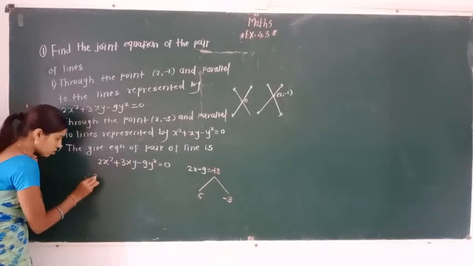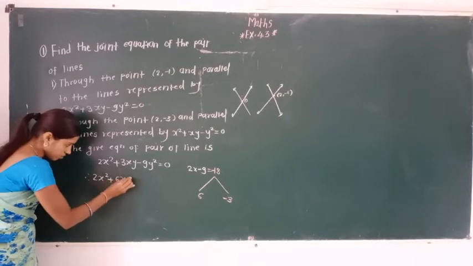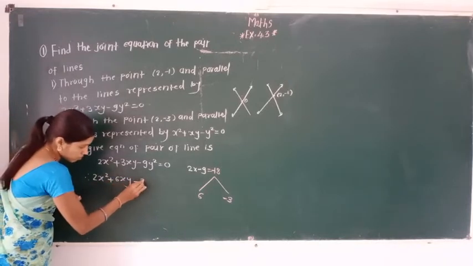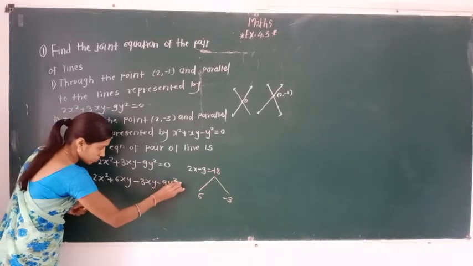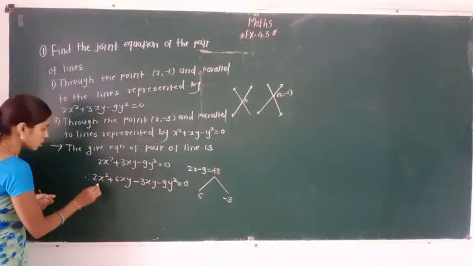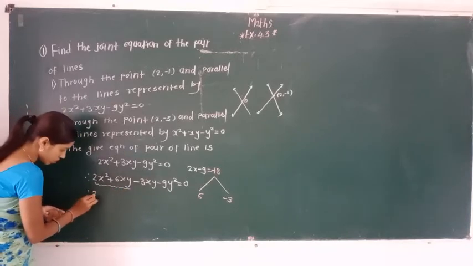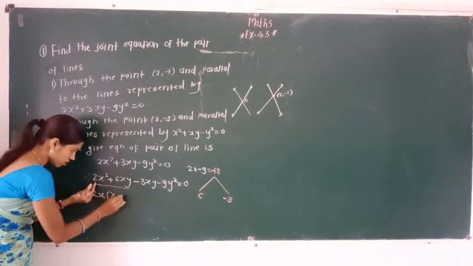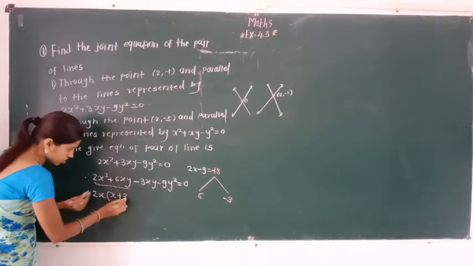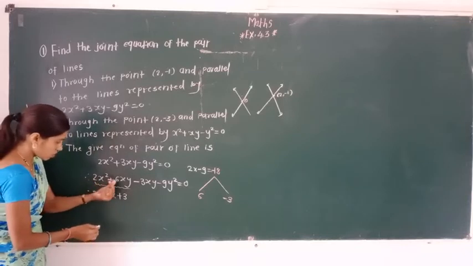We can write 2x² + 6xy - 3xy - 9y² = 0. Now take a common factor of the first two terms: we take 2x in bracket, and we can write (x + 3y) in bracket, 2 threes are 6.